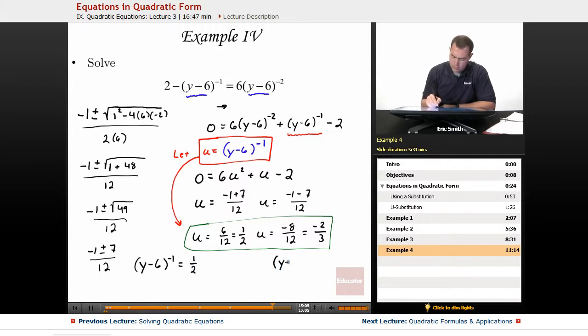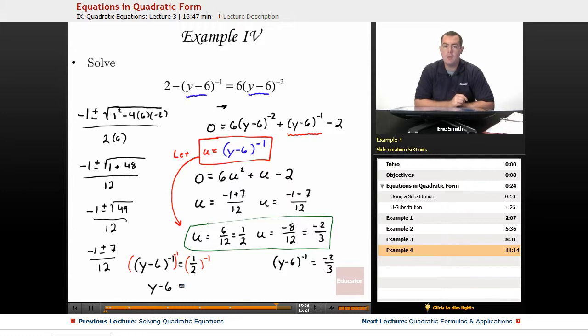And (y minus 6) to the negative 1 is equal to negative 2/3. All right, to solve this from here, I think I'll raise both sides to the negative 1 power. That'll give me a y minus 6. And then with that negative 1 exponent, it'll change the location of the 1 and the 2. So 2 over 1.